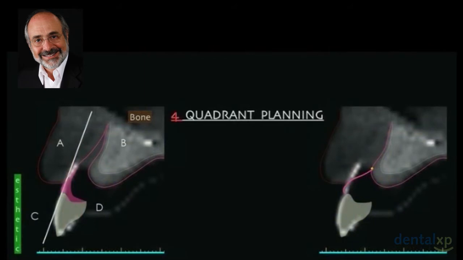B is obviously the bone, C is what you see aesthetically, A is the lip, and this whole component here is pink and white, and that's the restoration.